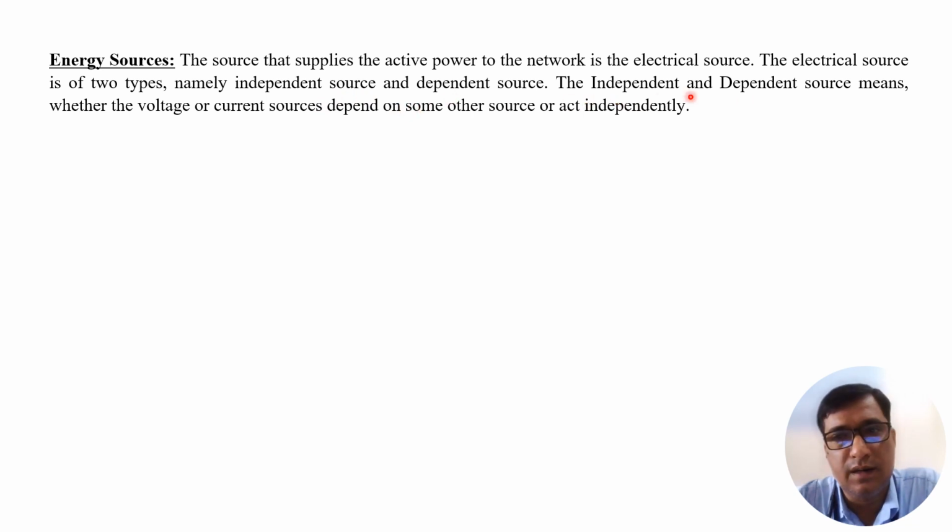If the source's magnitude or value is independent of any other quantity of the circuit, it is known as an independent source. While if the source value is dependent on some other element, like a voltage across a resistance or current in the resistance, then it is known as a dependent source.